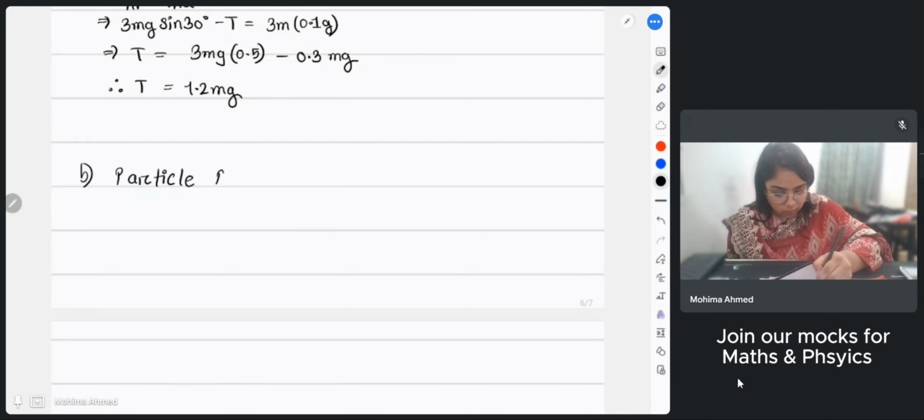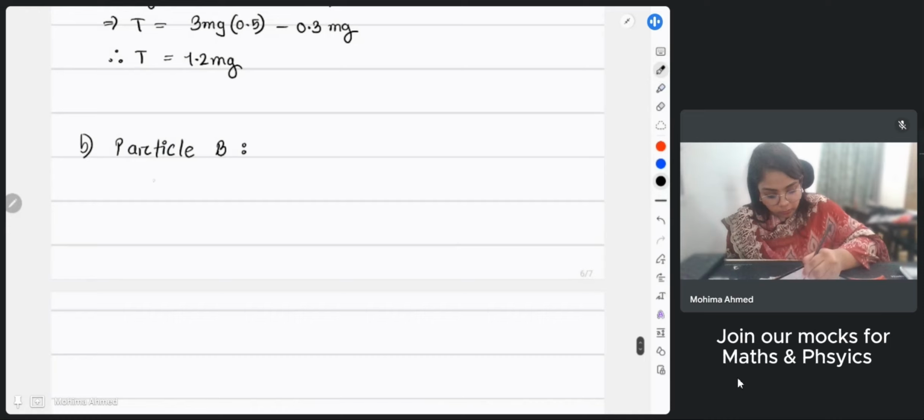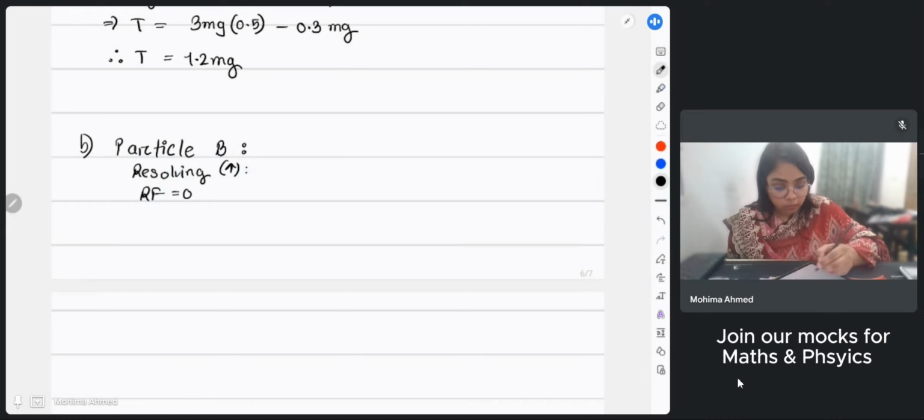For particle B, we are first focusing on the vertical forces in order to find out the value for your reaction force. So resolving vertically, resultant force is still zero, as the object was still not in motion in the vertical plane also. So reaction force minus mg cos 30 degrees is equal to 0.